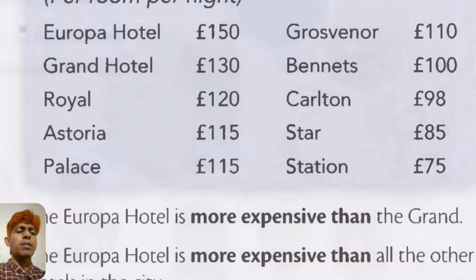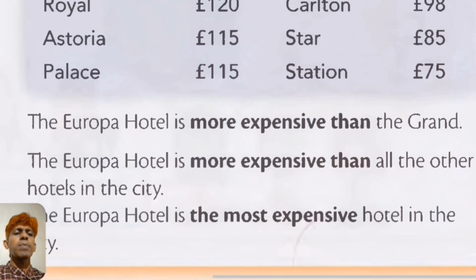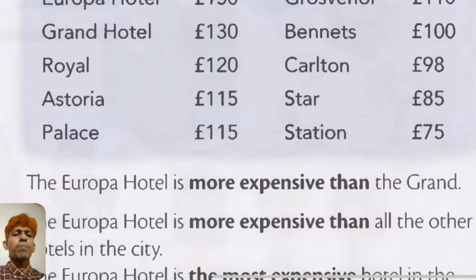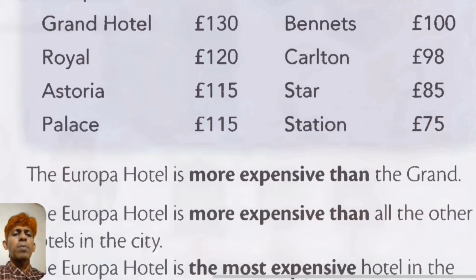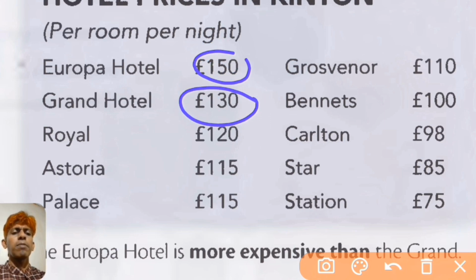Star, £85. Station, £75. Okay, the Europa Hotel is more expensive than the Grand. Okay, 150, 130.